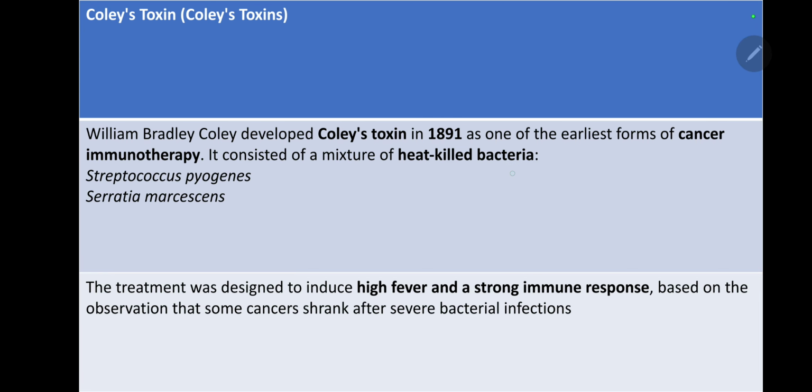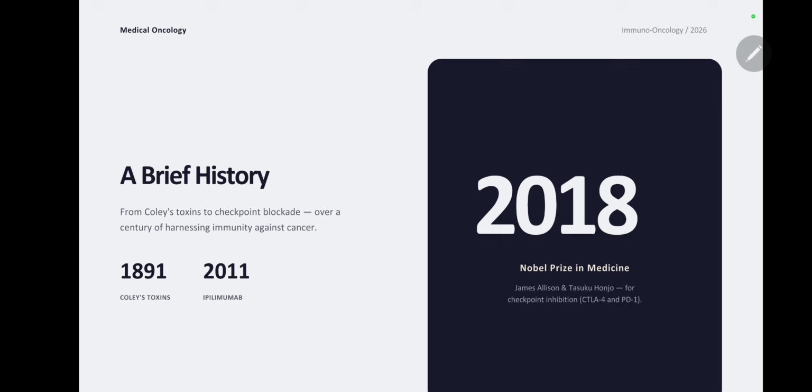It is a heat-killed bacterial toxin which is made from two bacteria. The basic reason behind it is that it creates a high-grade fever and creates a strong immune response.